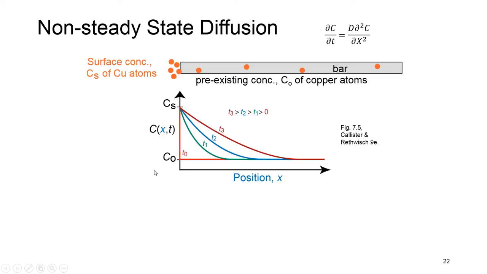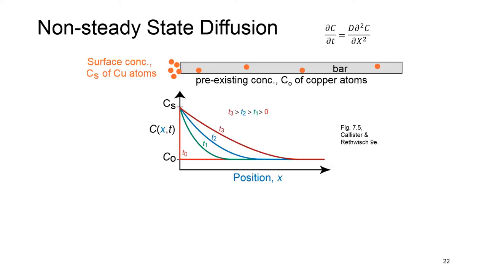At t bigger than 0, C is equal to the surface concentration, or Cs, for x equal to 0. As you can see, it starts from this one, and then this value decreases, and of course it depends on time.